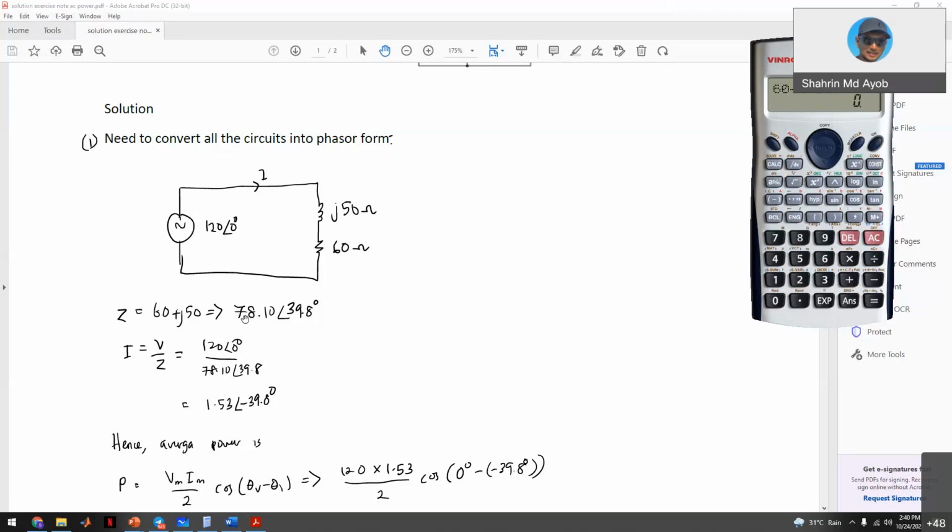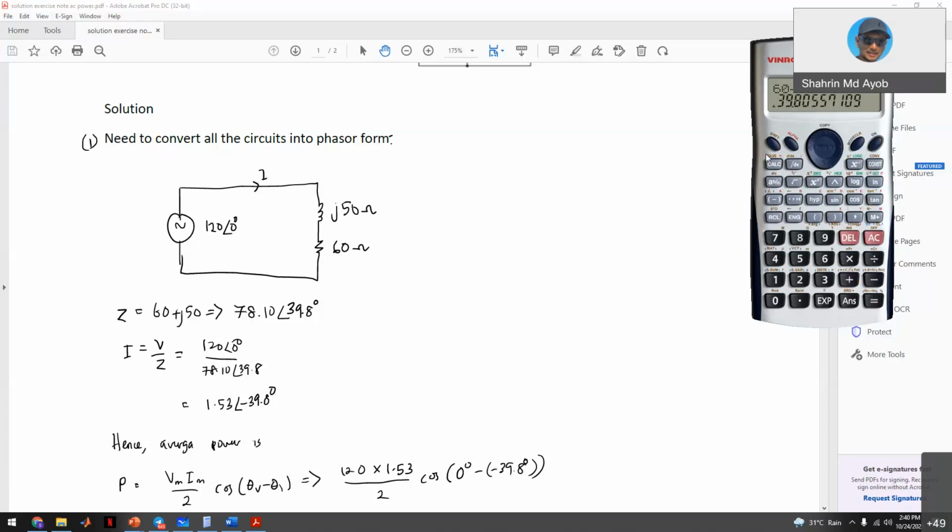To convert into phasor form, just shift plus. It will show this notification that it is converting to phasor form. Just click equal, and it will give you the values. This one is the magnitude. If you want the angle, just shift equal, and it will give you the value of the angle.